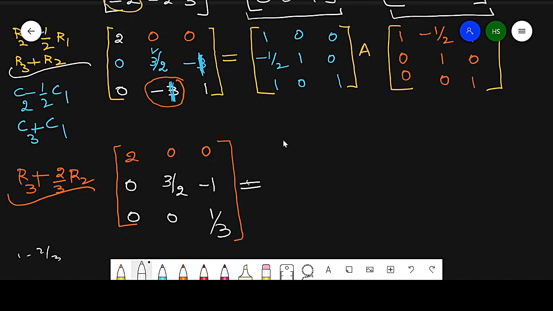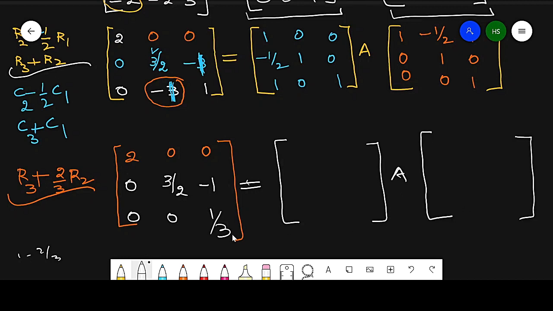Now the row operation affects this matrix, so I write A and this is our next matrix. So first row is the same, 1, 0, 0. Second row is also the same, minus 1 by 2, 1 and 0. Now what is the third row?